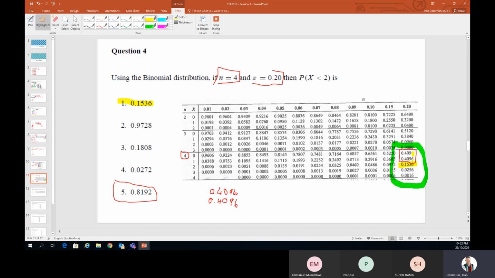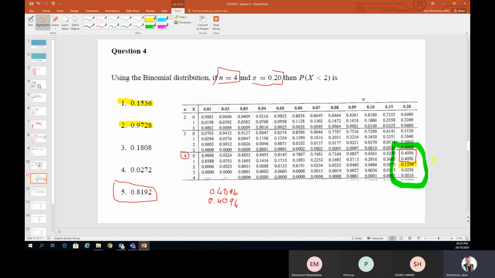If you added those two, so smaller or equal to 2, you would have gotten that answer. So already you can see the difference. Those two were a bit different in how to get that.